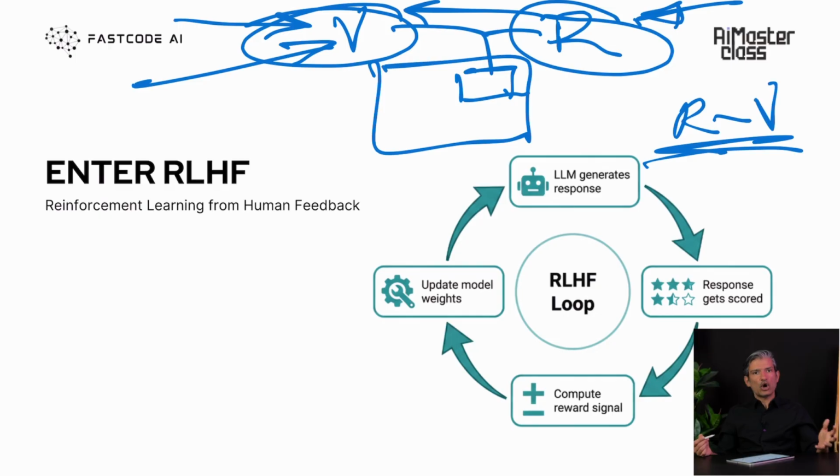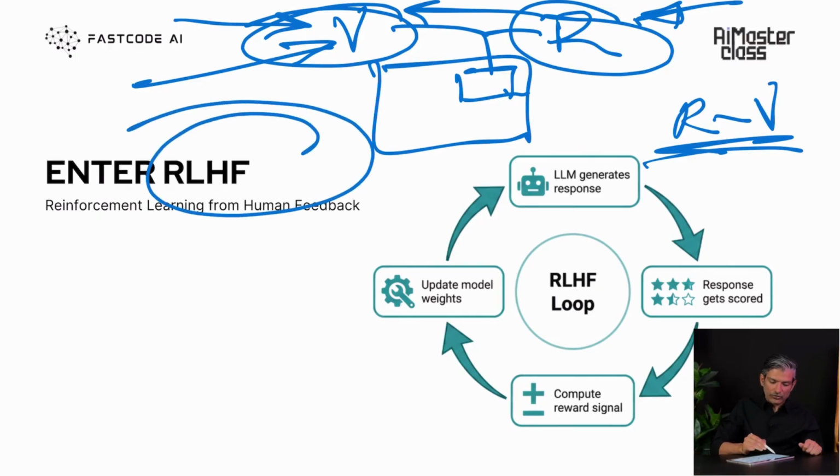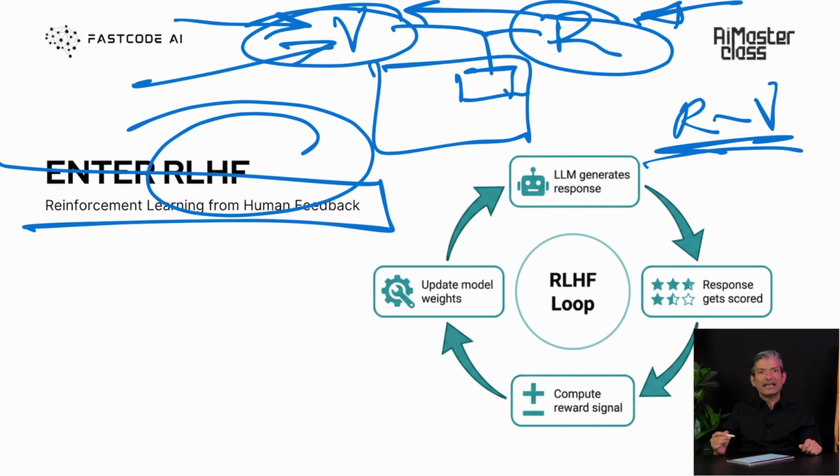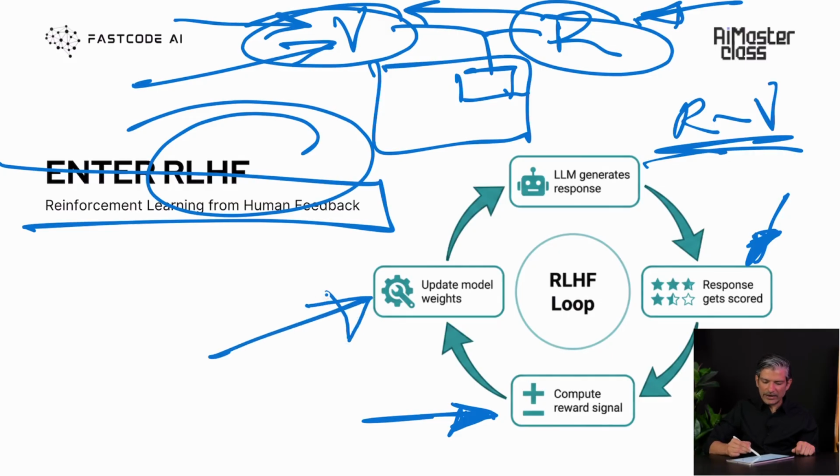So this is all that there is in reinforcement learning with human feedback. Reinforcement learning with human feedback is a framework, and REINFORCE, what we just saw, is an algorithm for the learning part. So in the RLHF loop, what do we do? We get humans to label responses, pairs of responses. We compute the reward signal. We update the model weights, right?